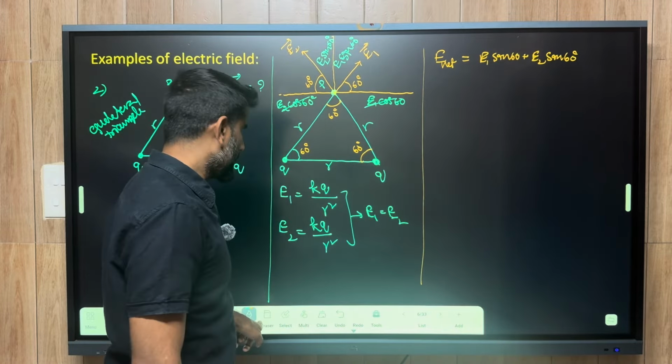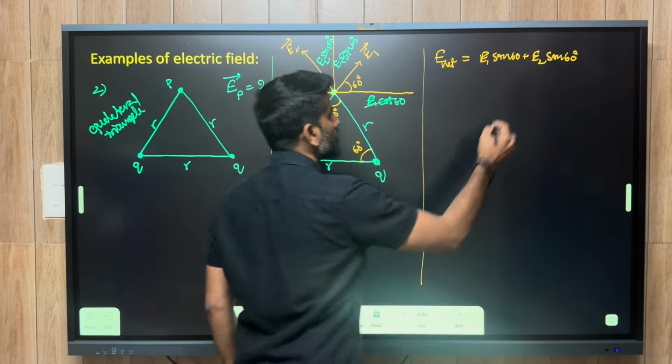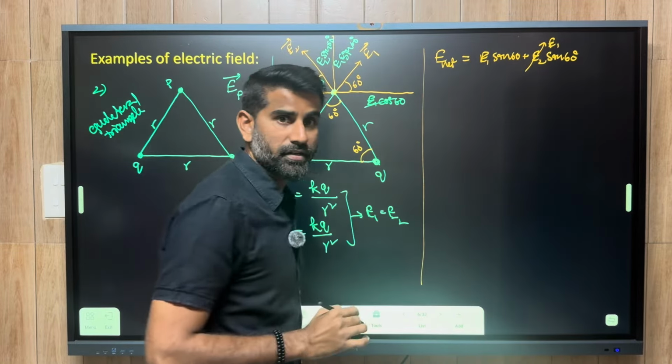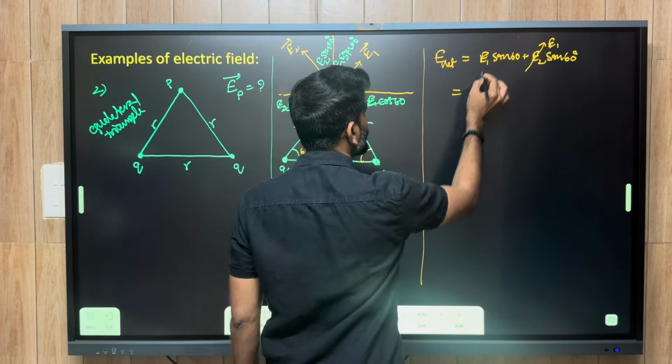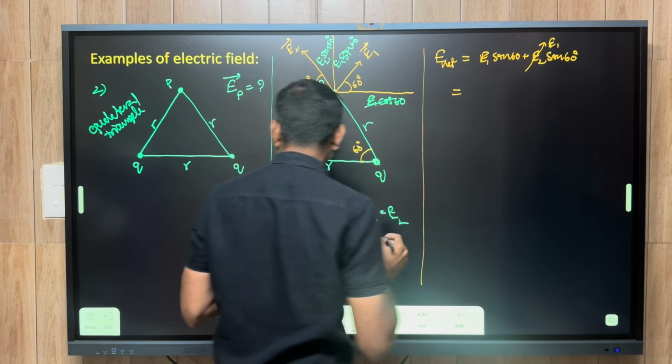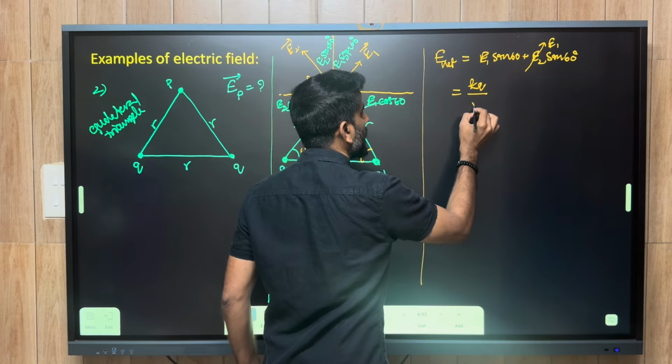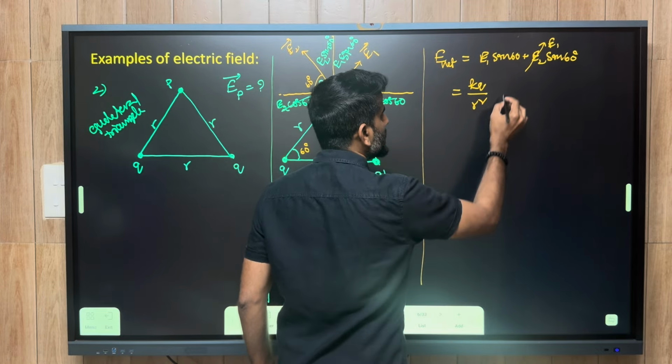And I know E1 is equal to E2, so E2 can be written as E1 itself. Now E net is equal to E1 sin 60. E1 is how much? KQ by R square. KQ by R square sin 60.